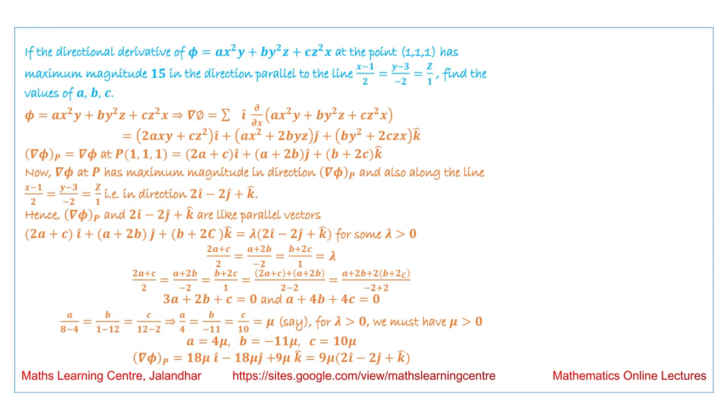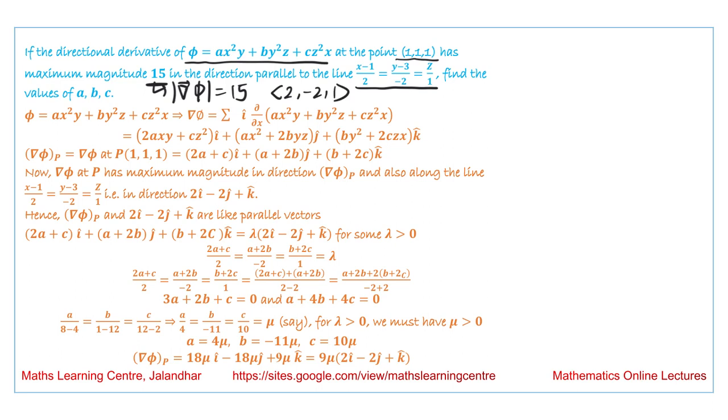Now next we have: if the directional derivative of this function at the point 1, 1, 1 has the maximum magnitude 15, which means the modulus of the gradient of phi is 15, in the direction parallel to this line. The direction of this is 2, minus 2 and 1.